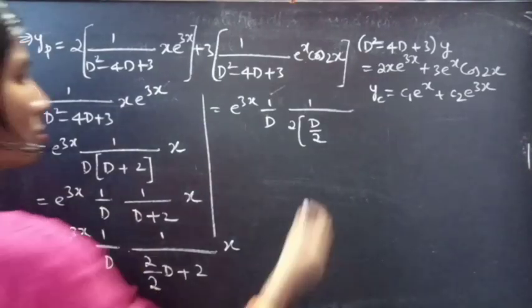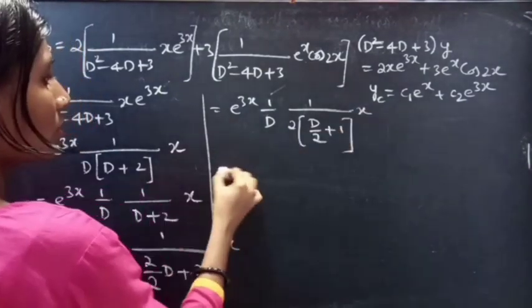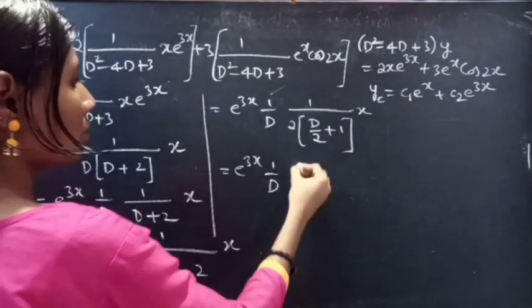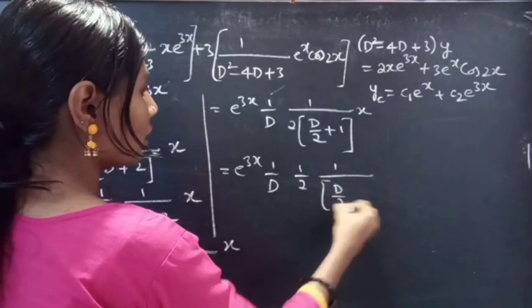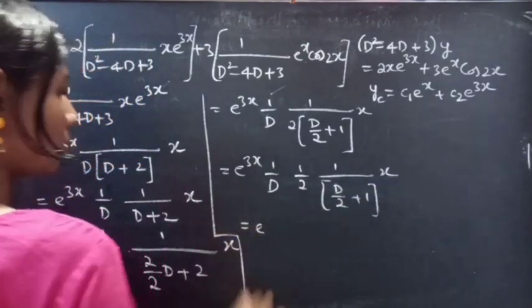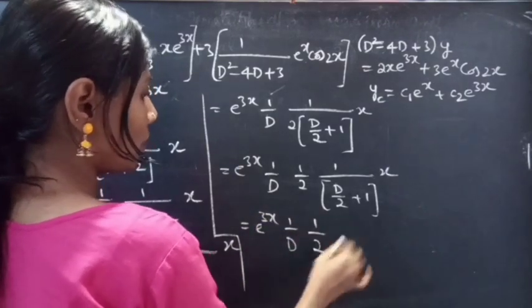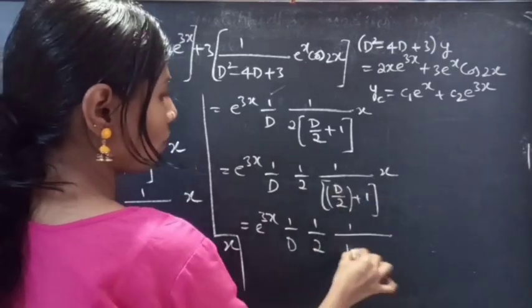This becomes e power 3x into 1 by D into 1 by, now we are taking 2 common from these two terms, we'll get 2 times D by 2, D by 2, or 1 by 2 into D by 2 plus 1 into x, which is equal to e power 3x into 1 by D into, again we will split this fraction as 1 by 2 into 1 by (D by 2 plus 1) into x, which is equal to e power 3x into 1 by D into 1 by 2 into 1 by, we can write D by 2 plus 1 as 1 plus D by 2.